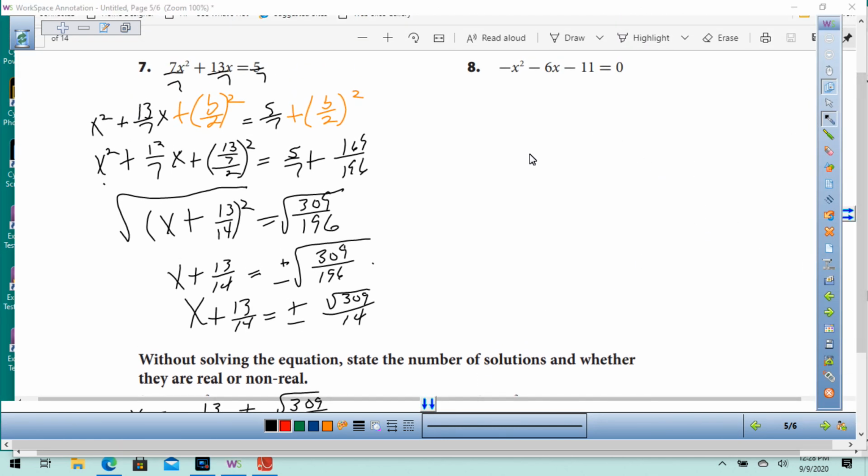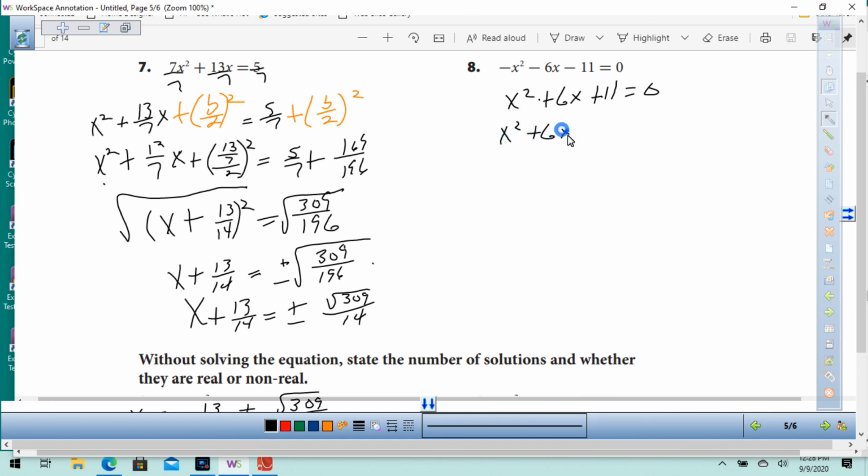Now let's try number 8. Let's add 11 to both sides. You got negative x. Well, first I'm going to multiply everything by negative. And that's going to give me x squared plus 6x plus 11 equals 0. Now I'm going to subtract 11 from both sides, and I got x squared plus 6x equals negative 11. Add b over 2 squared.